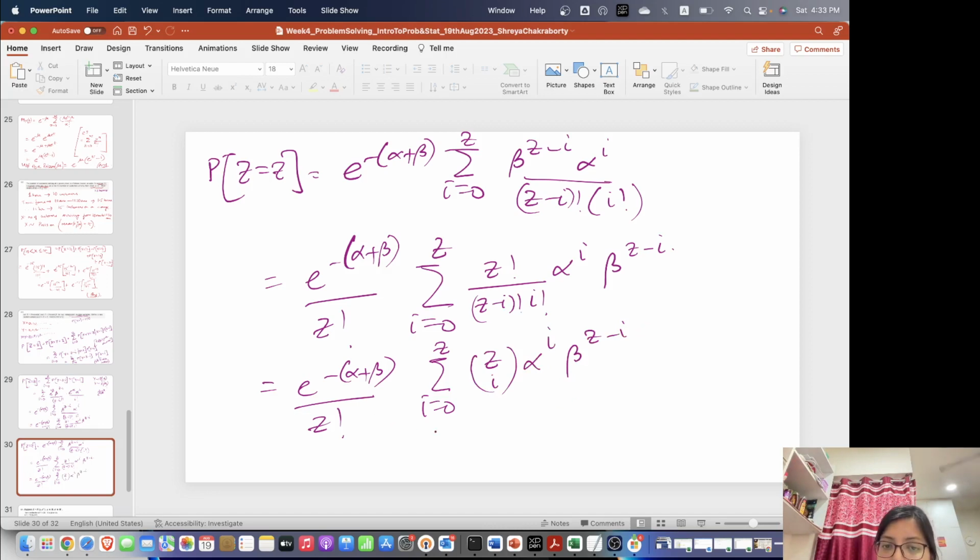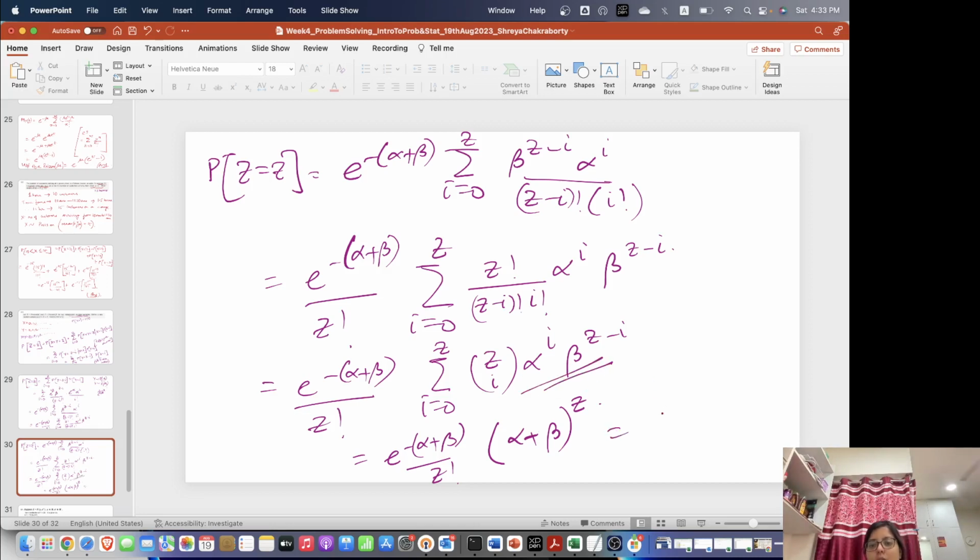So this is a binomial expansion of e to the power minus alpha plus beta by z factorial, alpha plus beta whole to the power z. This one you understood? Yes, understood.